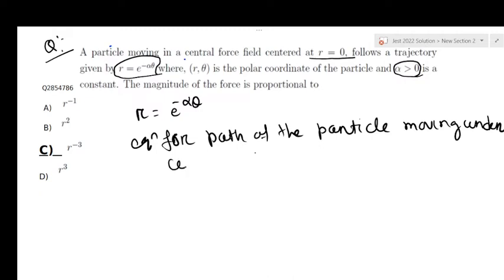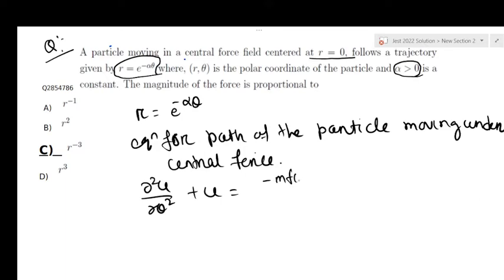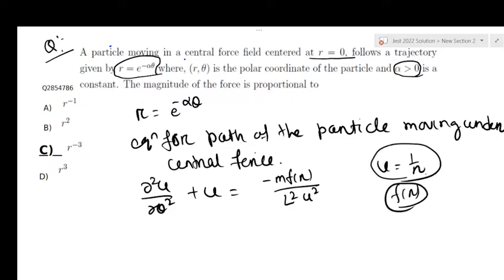That equation is del square u by del theta square plus u is equal to minus m f of r divided by L square u square. Here u is the function of r, that is u is equal to 1 by r, and f of r is the force. We have to find out the force's proportionality with r.